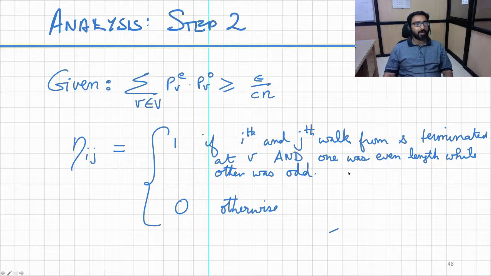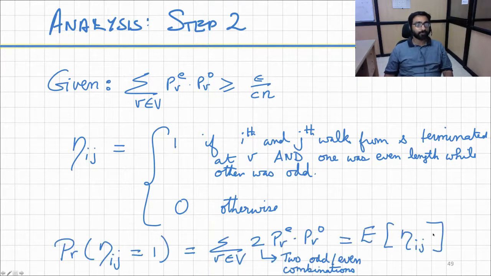Clearly you can see why this indicator random variable is important, because if eta ij is 1, that means we have found a candidate vertex V, which gives us a witness to the fact that there is an odd cycle, and therefore we will be able to reject this graph. So eta ij takes on the value 1 under that condition, and otherwise it takes on the value 0. So what is the probability that eta ij equals 1?